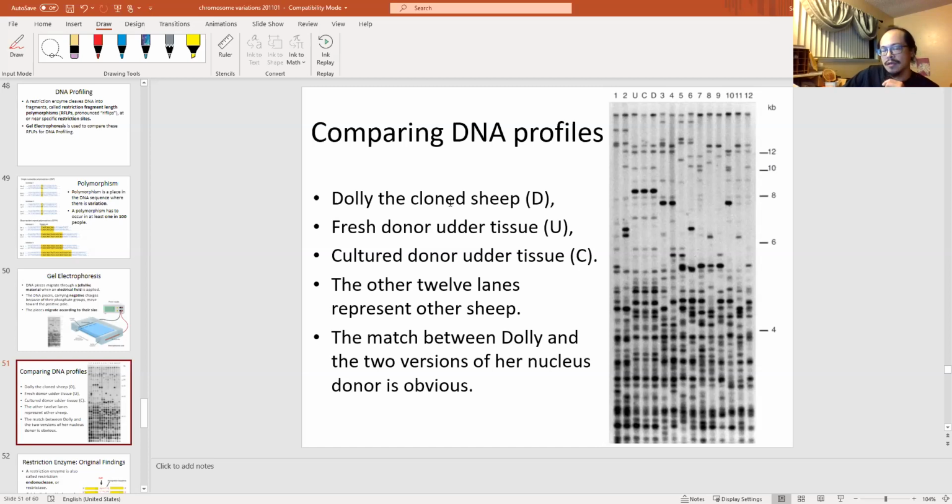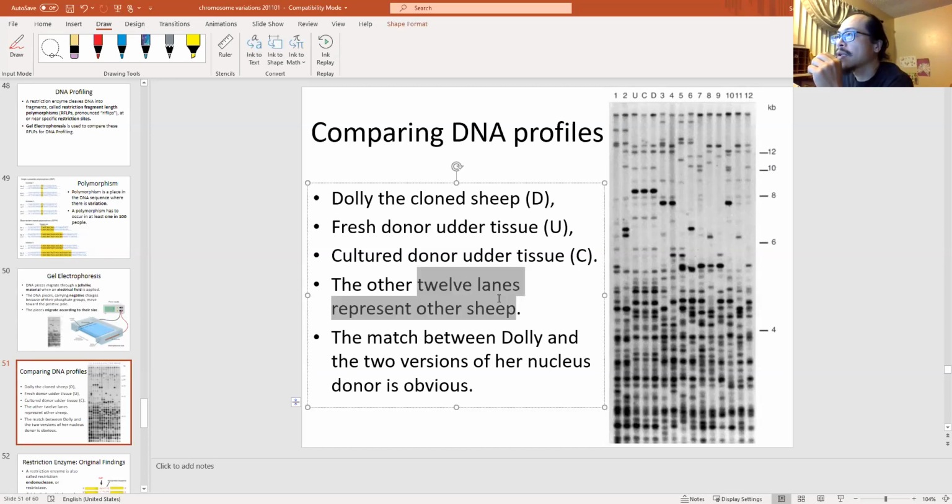We get the DNA fragments and run them through this gel. Let's look at that. Lanes 1, 2 to 12 are 12 other sheep. D is the produced Dolly, the cloned sheep.